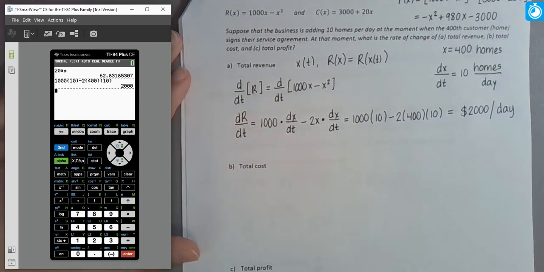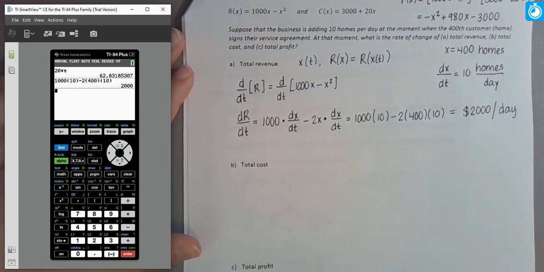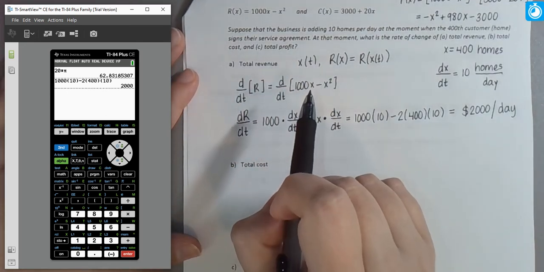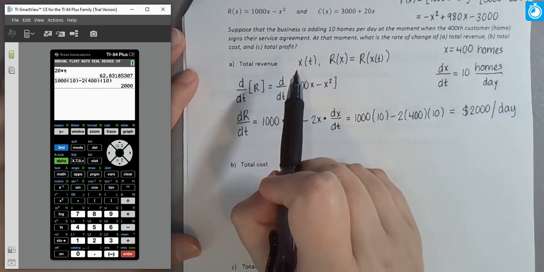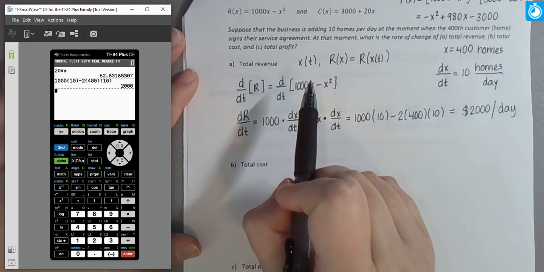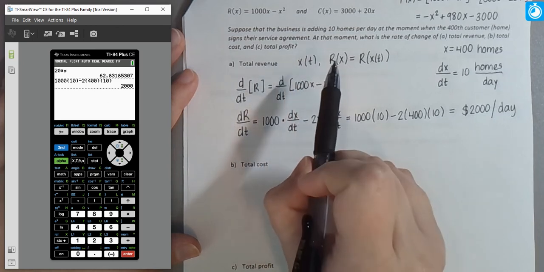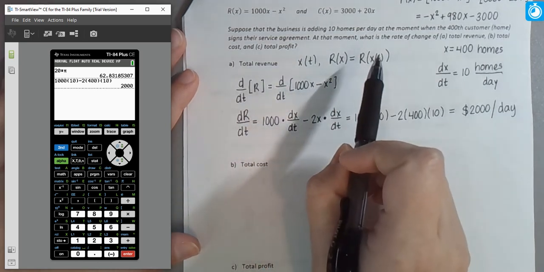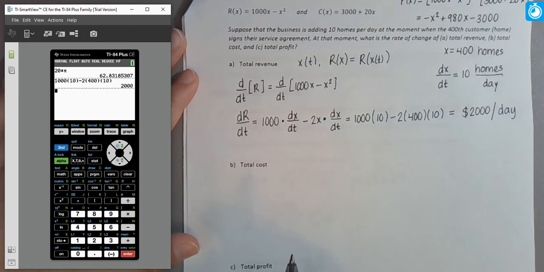Now, how are cost and then x and then t related? They're related in the same way as revenue and x and t. So x, the number of customers we have, is dependent on time. It changes over time. And then cost is dependent upon the number of customers we have, so it's also affected by time.